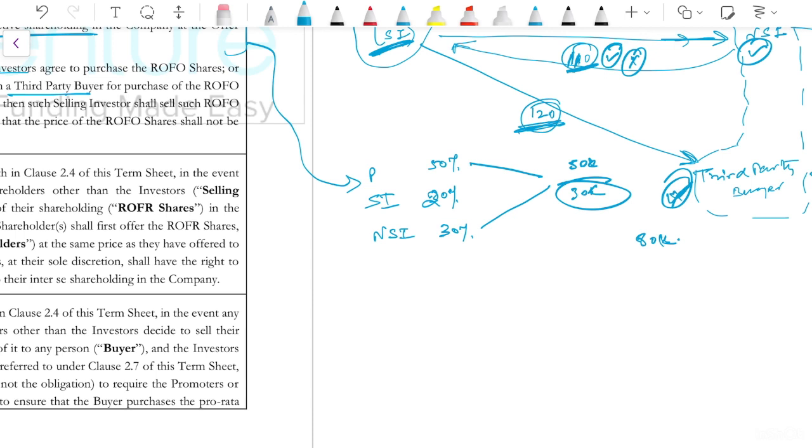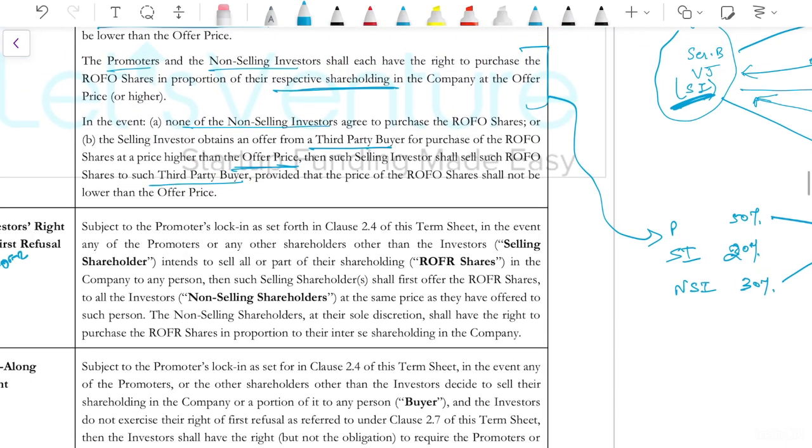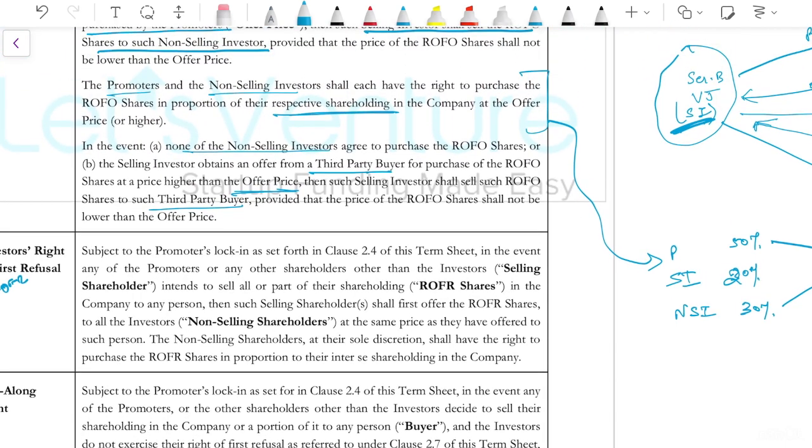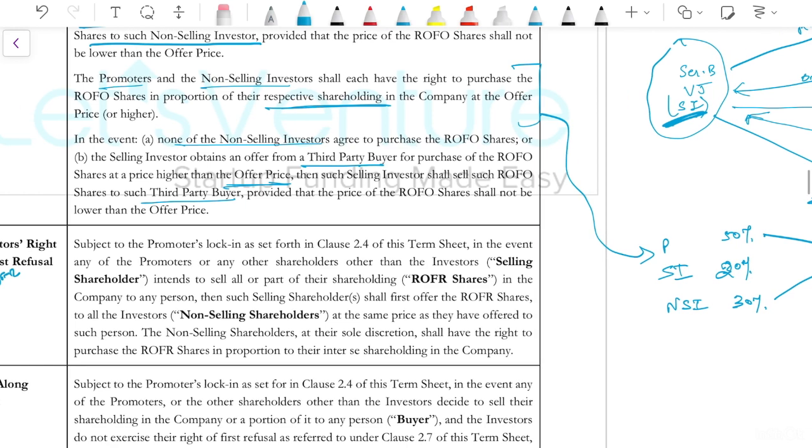I am free to sell shares beyond 30k to a third-party buyer, and similarly, for shares over and above 50k, the promoter cannot execute the right of first offer. I am free to sell those shares to a third-party buyer. Got it?